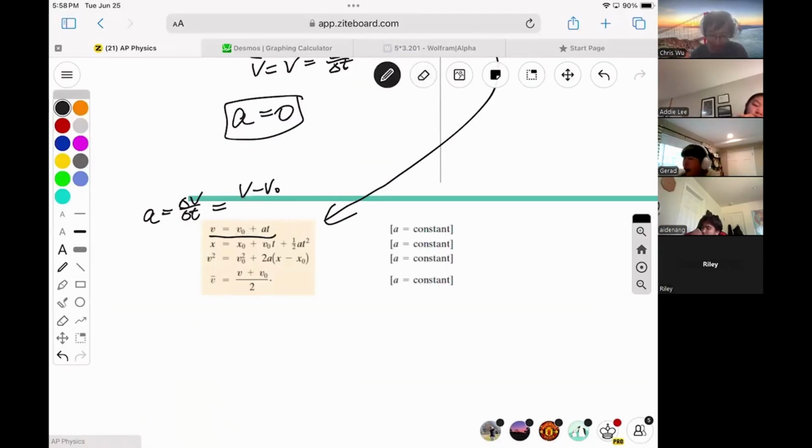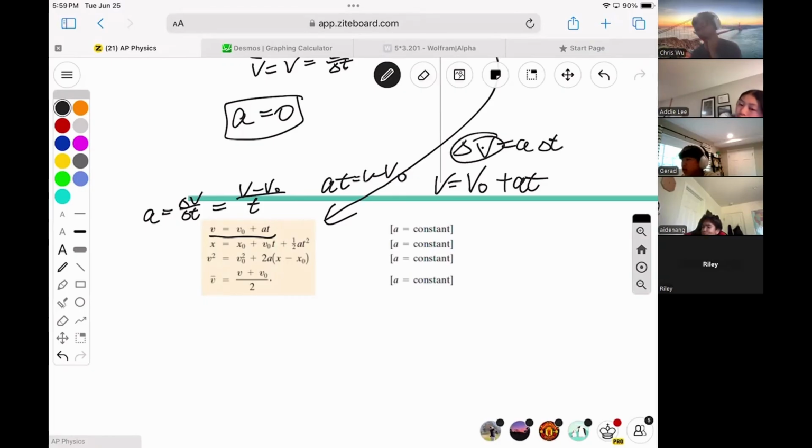So final speed minus initial speed divided by t is your a, then at is v minus v0, then v, your final speed, is your initial speed plus at, right? So this is very similar to the idea delta v equals at. I'm writing out what delta v is and then solving for final v. So this is the velocity equation.